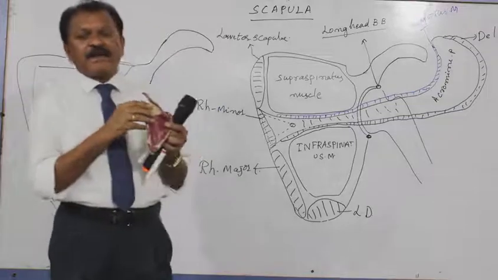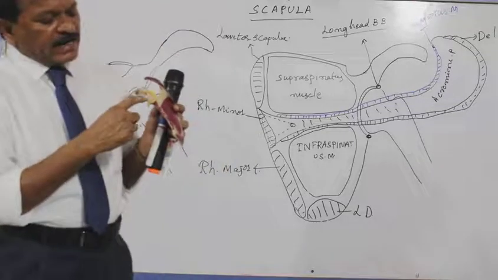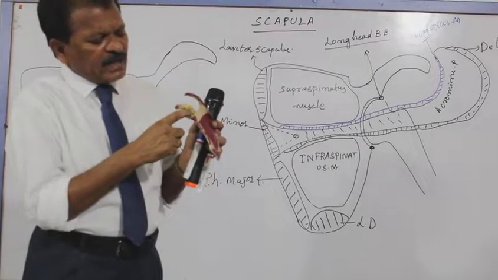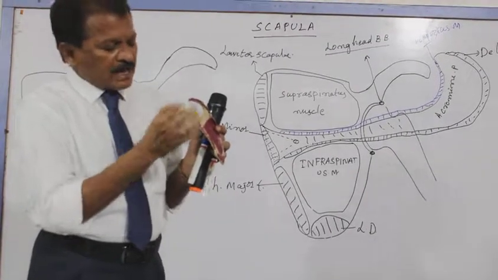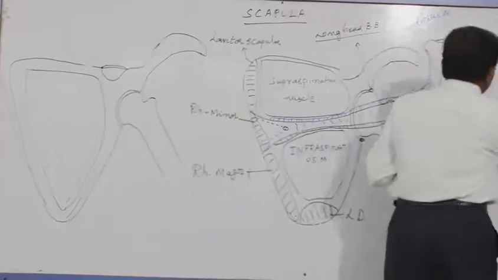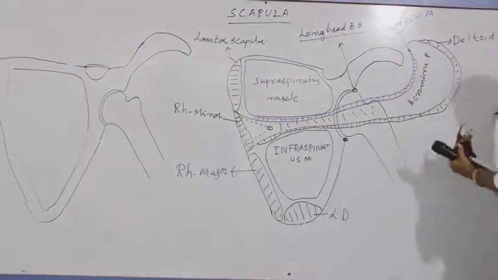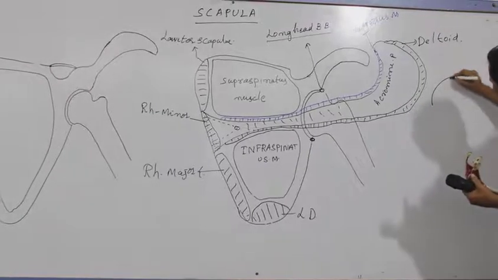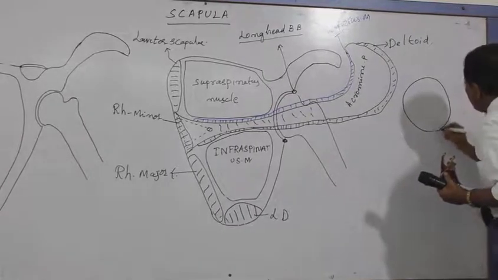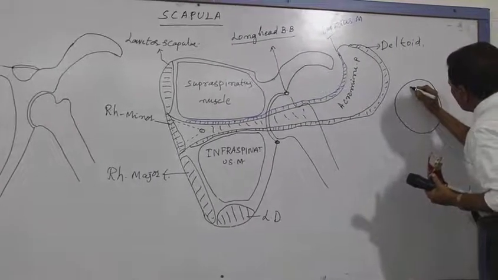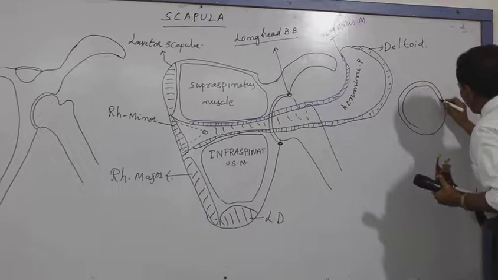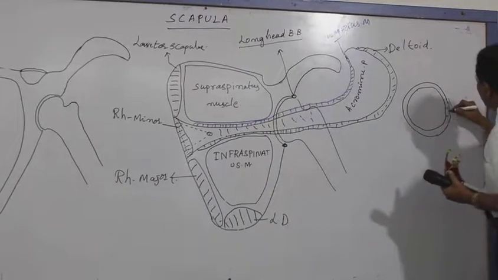This is the glenoid cavity, and the margins of the glenoid cavity are attached by the glenoid labrum.